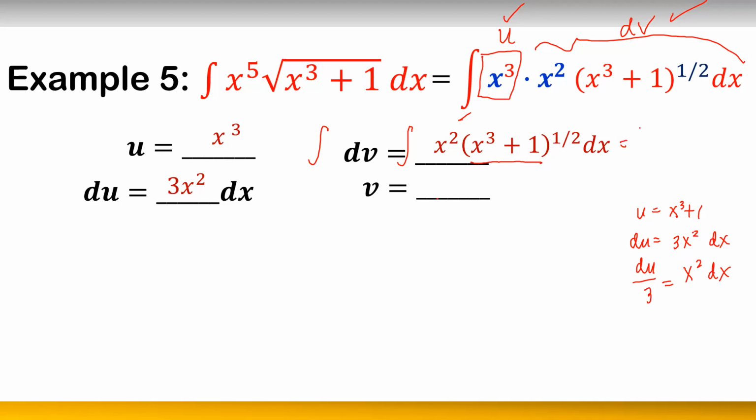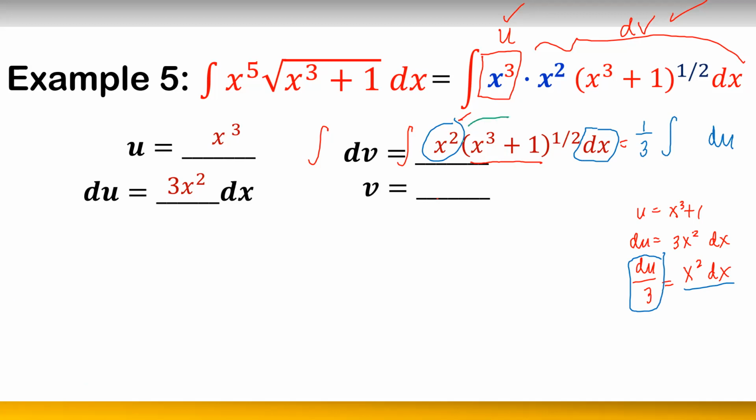So, this will become, itong si x squared, let me use a different color of pen. Itong si x squared tsaka si dx, i-bundle natin. X squared dx is du over 3. Or 1/3 du. Labas na lang natin si 1/3. Tapos du. Tapos ito naman, let us choose a different color.